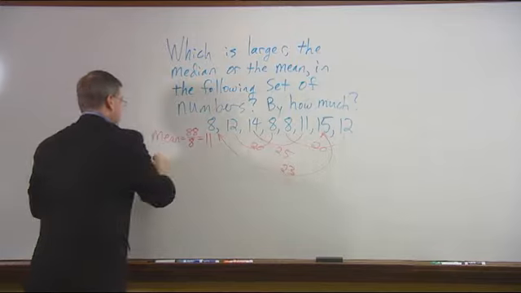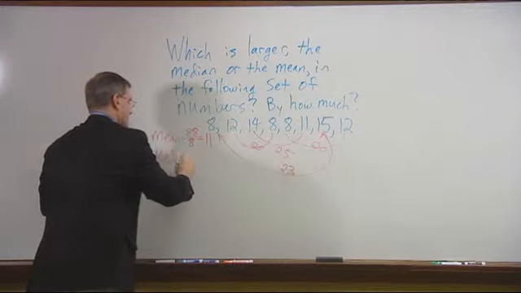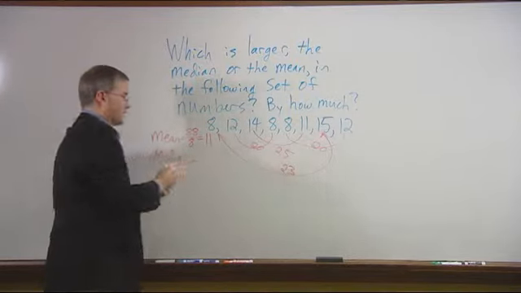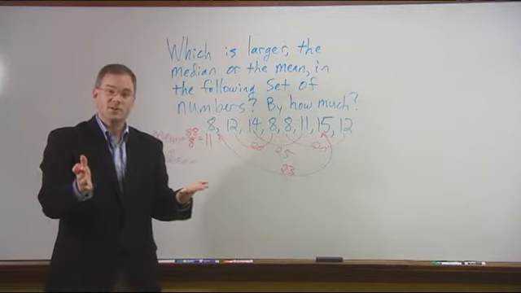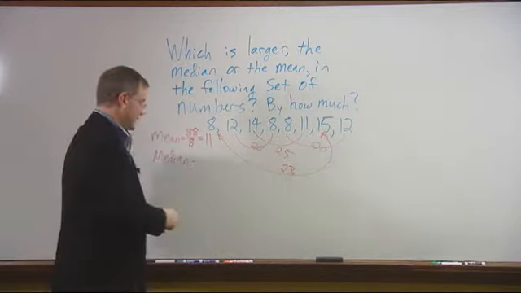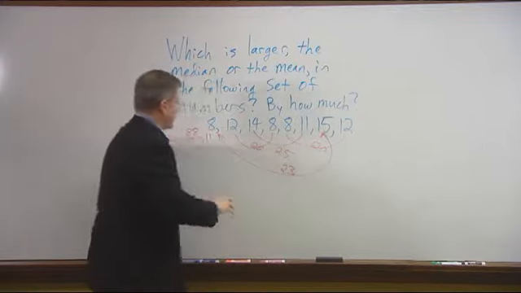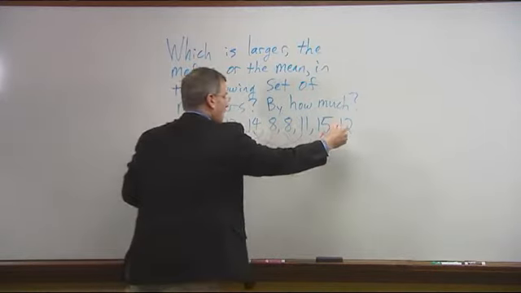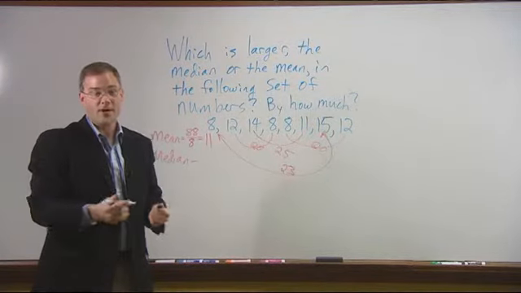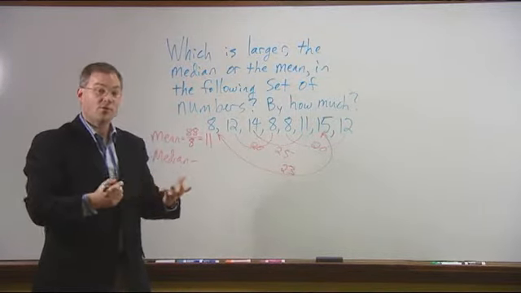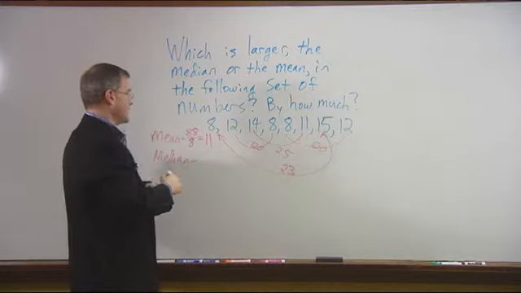Then we need to find the median. So that's going to be the middle number. And one mistake that students will often make, especially if they're trying to compute quickly, is they'll just start doing our trick. They'll mark off this 8 with this 12, the 12 with the 15, assuming that the numbers are already in order. So let's make sure we put the numbers in order first before we find the median.